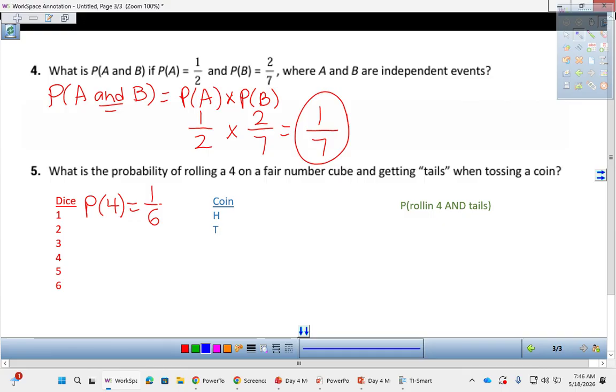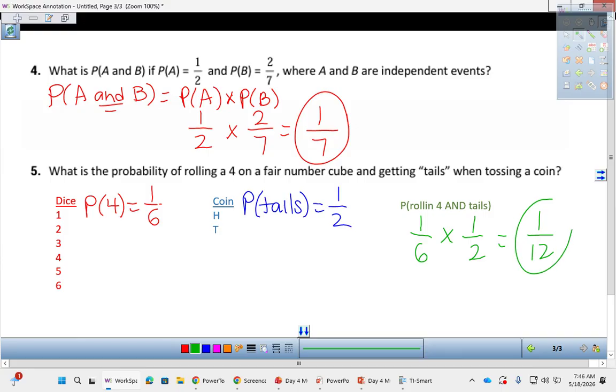How many of them are tails? 1. So the probability of tails is 1 out of 2. So the probability of both of those things happening is the probability of getting a 4 multiplied by the probability of getting a tails. You can type that in your calculator or multiply straight across, but that probability is 1/12.